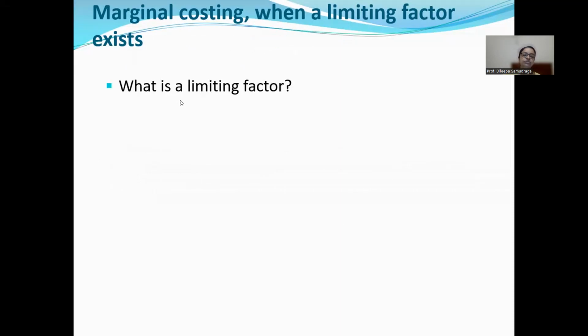So first you should know what a limiting factor is. Limiting factor means you cannot expand your organization as you wish because there are certain limiting factors. Maybe you don't have enough funds. Maybe you don't have demand for your product. Maybe you don't have skilled laborers. Maybe you don't have quality materials. Those factors limit your production, right?